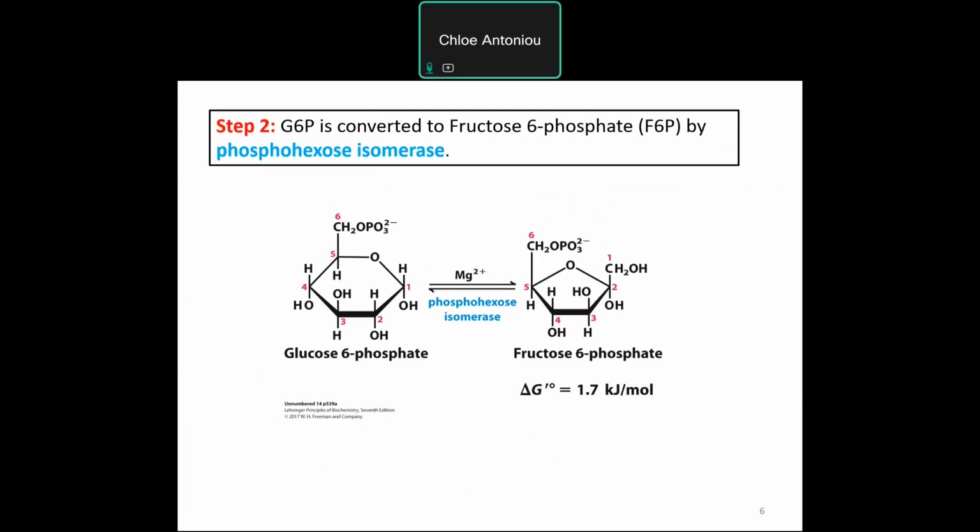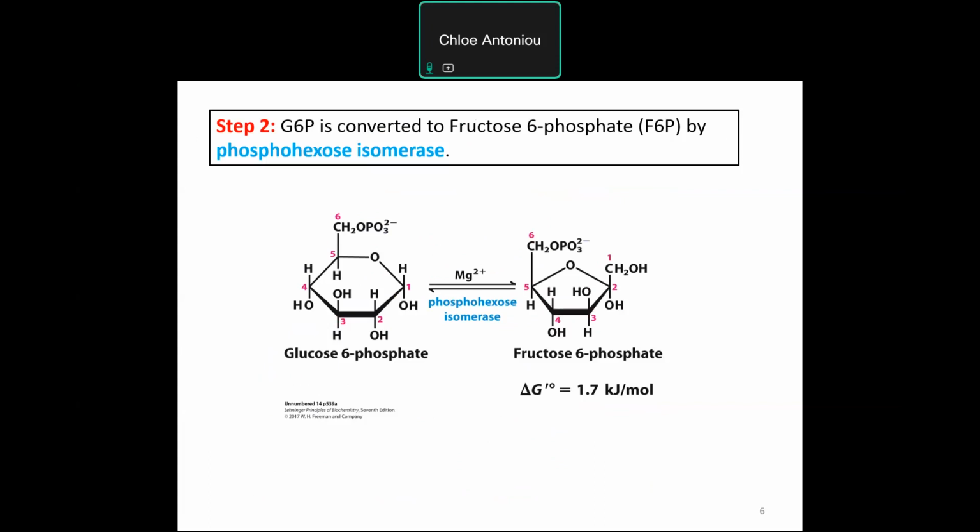What happens then? Glucose 6-phosphate gets converted to fructose 6-phosphate. Perhaps you remember from last year when I came to your year 1 at the end, when I was saying about glucose and fructose, that they're both C6H12O6, but they look different. They have very different 3D structures. So what happens here is there's an isomerase, an enzyme that converts the one isomer, glucose 6-phosphate, to fructose 6-phosphate.